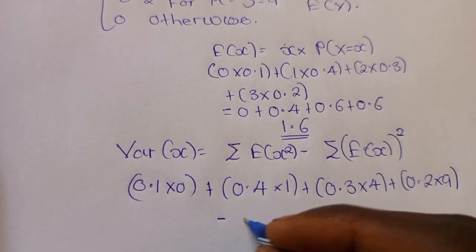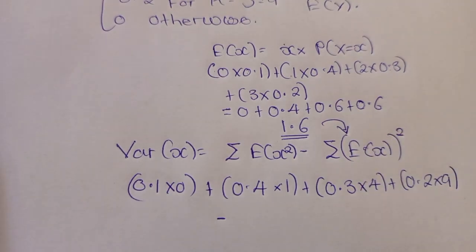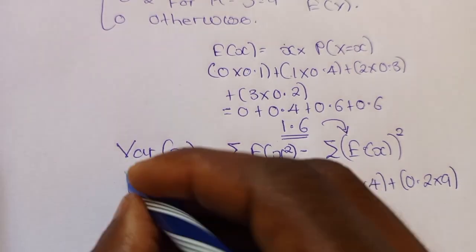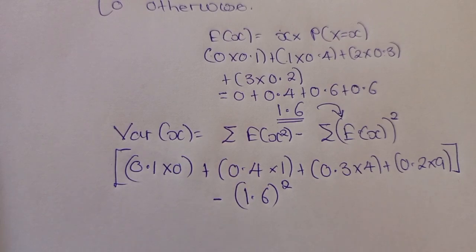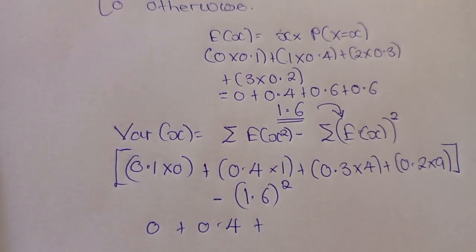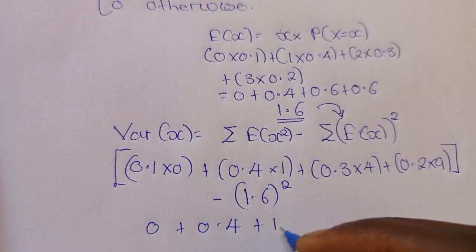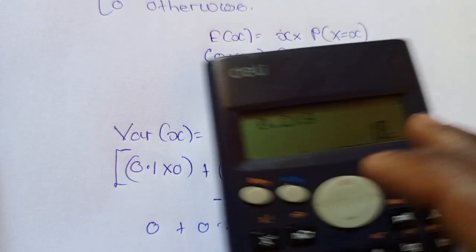Then you subtract with the mean value for you to get the expected value of squared. So you say 1.6 squared. You know that the summation of what we have here is basically 0 plus 0.4 plus 0.3 times 4 is basically 1.2 plus 0.2 times 9 is basically 1.8.